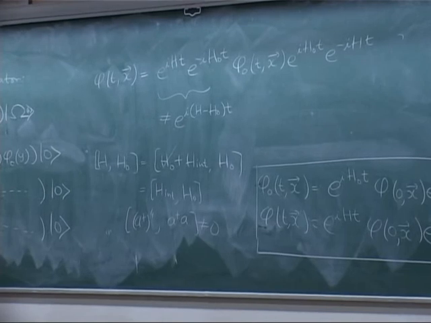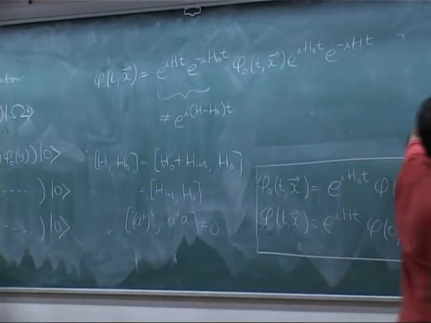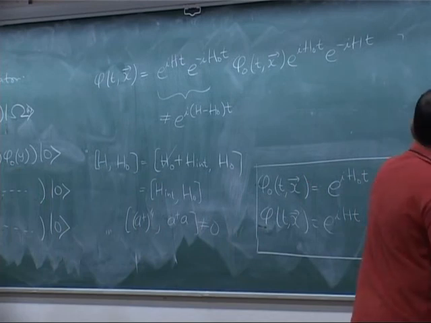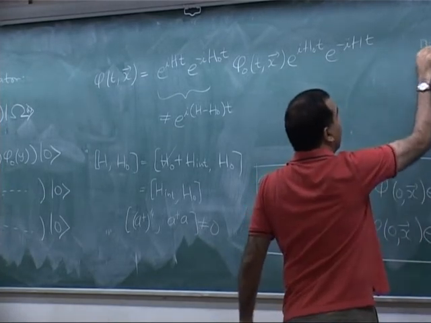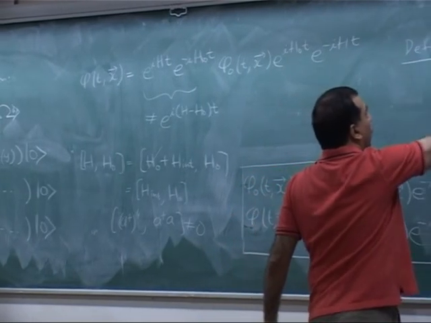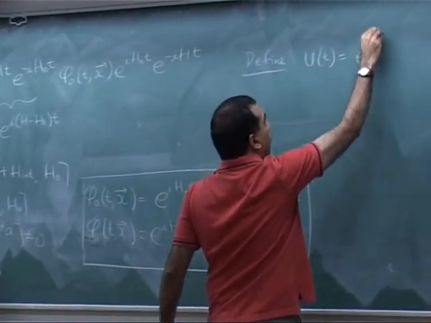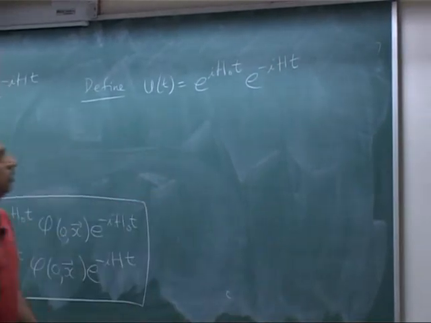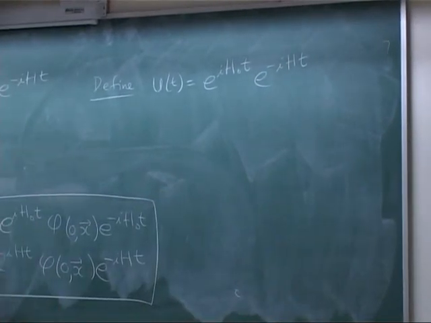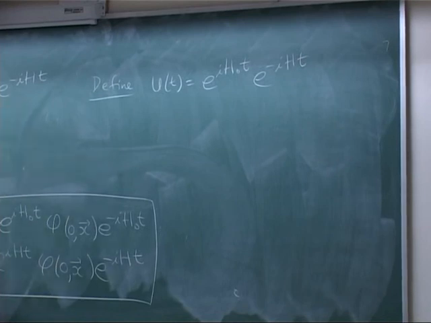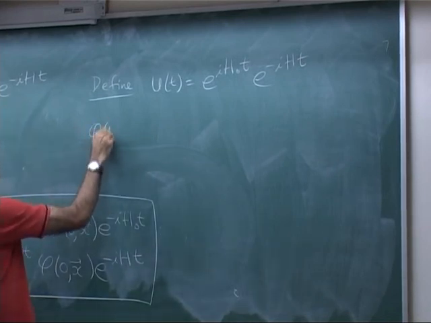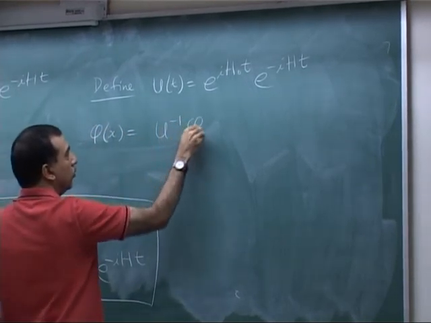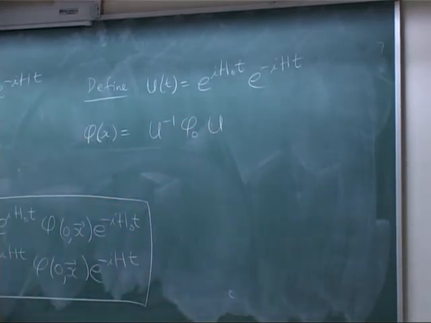Therefore, it's convenient to define an operator which will play a fundamental role in what follows. U of t is defined to be whatever appears here, and then U governs the relation between phi and phi naught by U inverse phi naught U, all at time t.